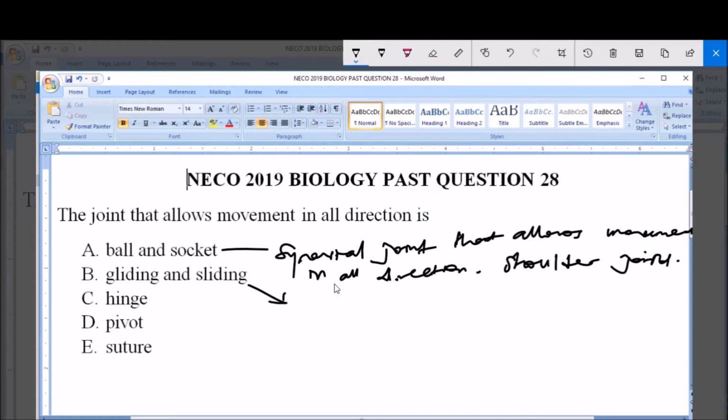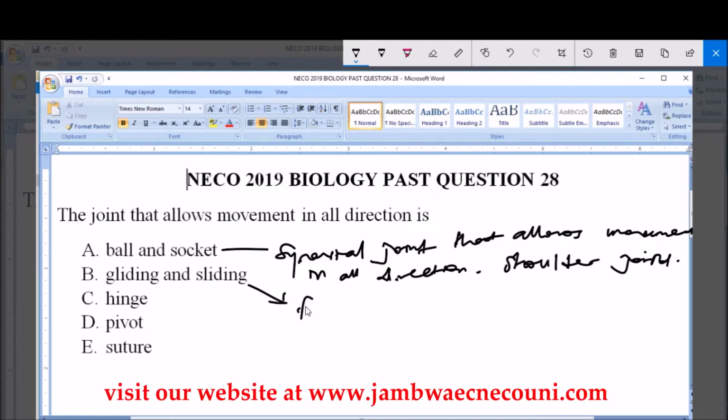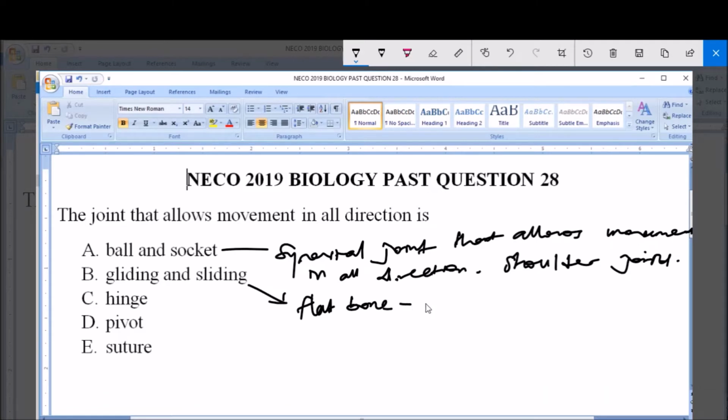Now option B says gliding and sliding joints. Gliding and sliding joints occur between surfaces of two flat bones that are held together by ligaments.